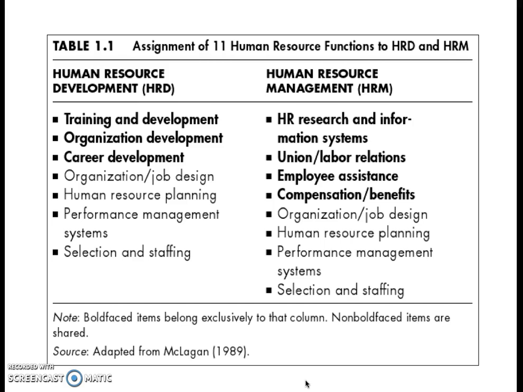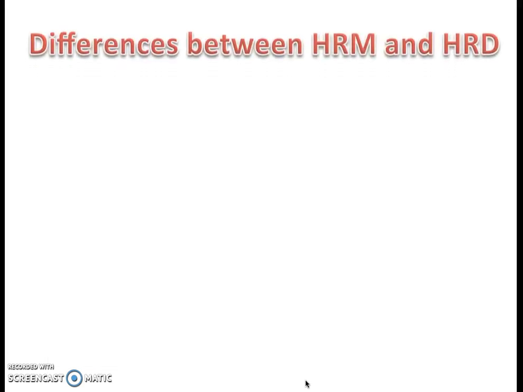It's also the same as the diagram before, in which you could see that HRD is training and development, organizational development, career development, organizational job design, human resource planning, performance management systems, selection and staffing, while HRM involves research and information systems, union labor relations, employee assistance, compensation or benefits, organizational job design, human resource planning, performance management systems, and selection and staffing.